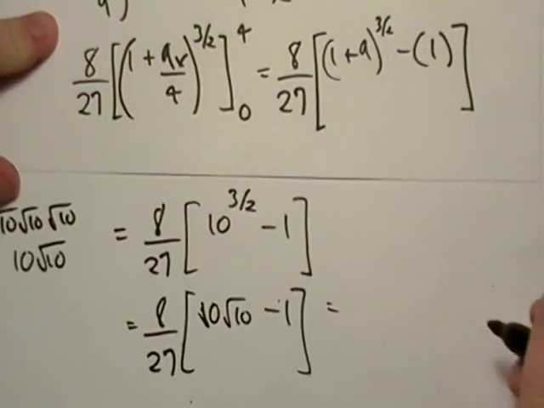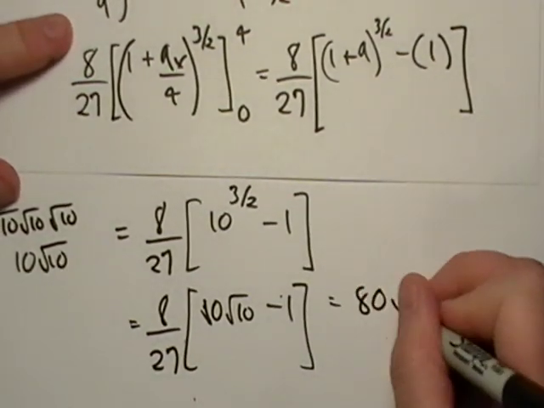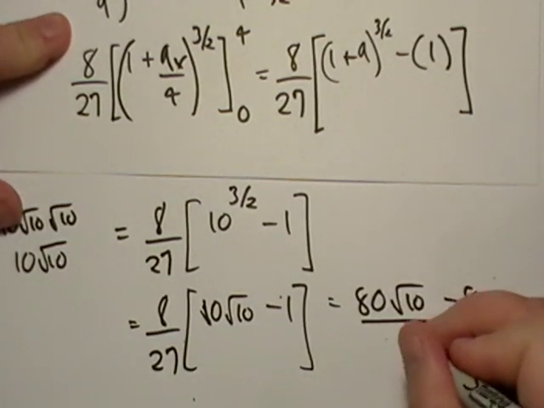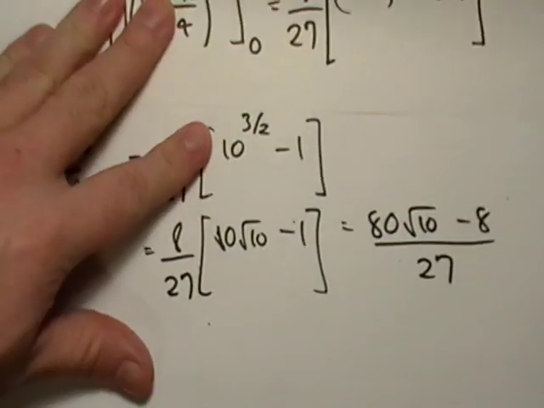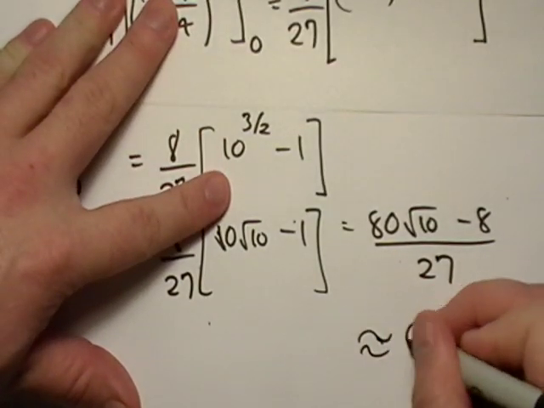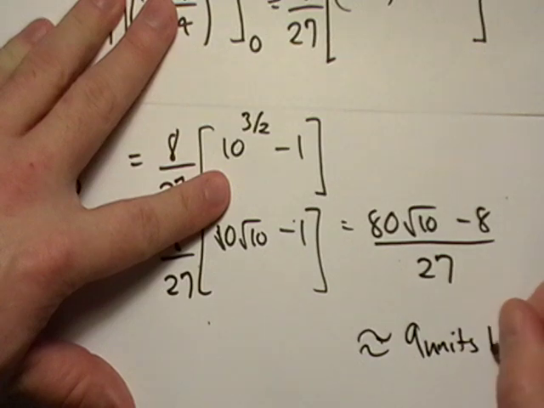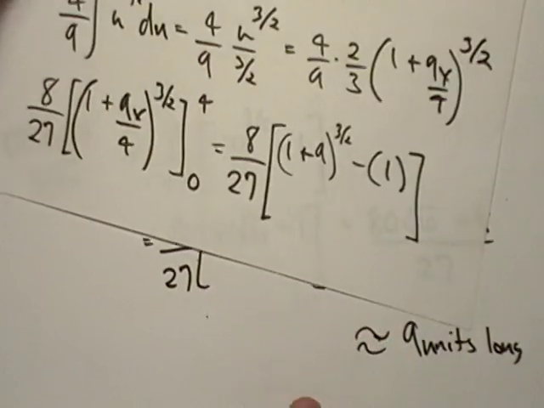So we end up with 80 square root of 10 minus 8, over 27. I'm putting it in my calculator right now, by the way. Okay, so that's approximately 9 units long. It got pretty out of hand right there.